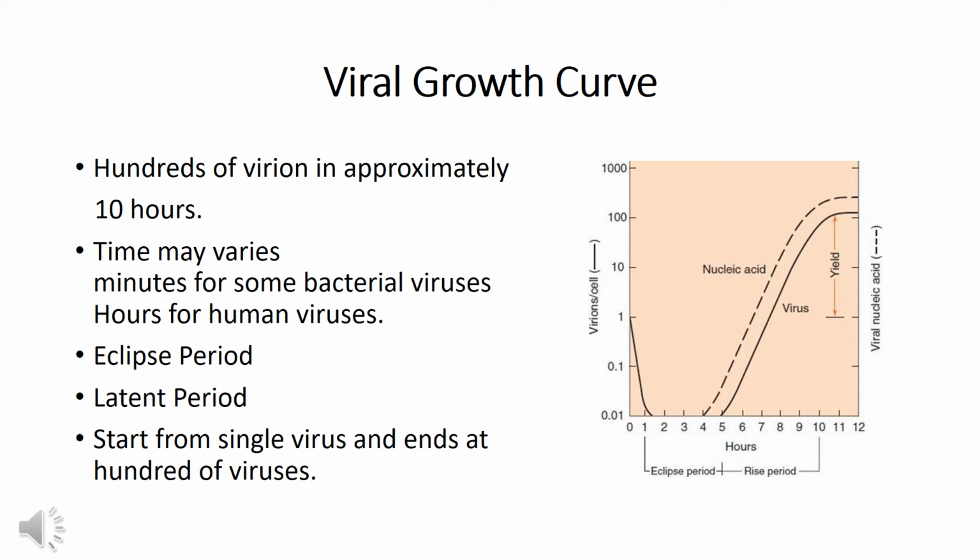In the initial stages, when a complete virus is ruptured, we cannot observe any virus in the cell, because the virus needs only nucleic acid for doubling. A complete virus will disappear. So this phase is known as the eclipse period.